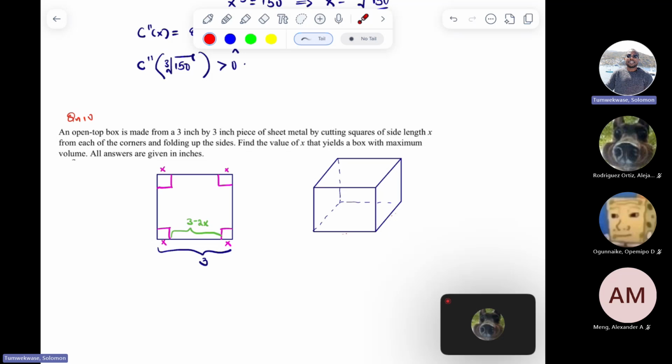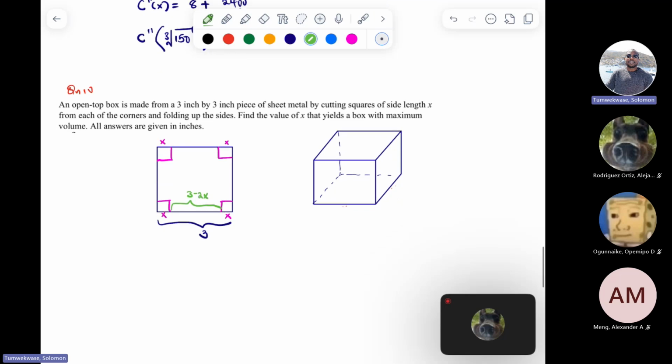Now the length of the base, since we've cut off these small square pieces, we are left with a distance of 3 minus 2x, and this is a square base so the other side is also 3 minus 2x, right? But this height remained the way it is, x.